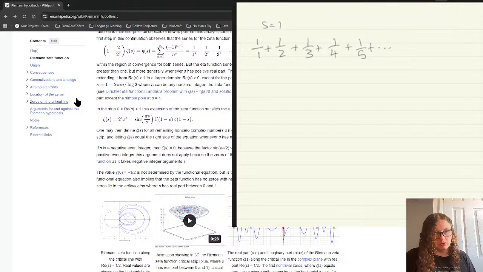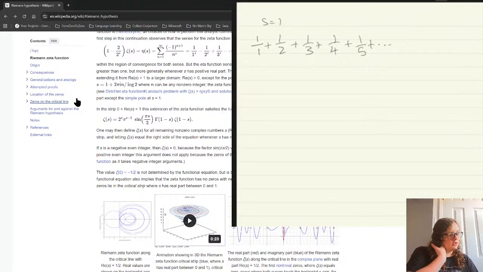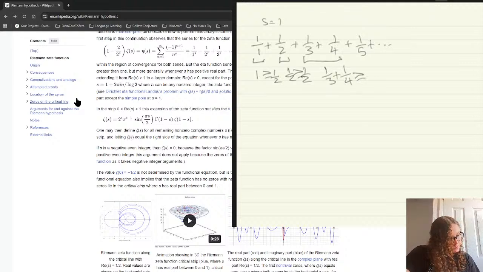It doesn't look like it does, but it does. Because, well, 1, that's greater than or equal to 1/2. 1/2, that's greater than or equal to 1/2. 1/3 plus 1/4 is greater than or equal to 1/4 plus 1/4, which is greater than or equal to 1/2.